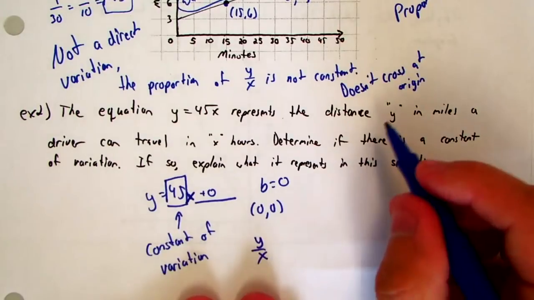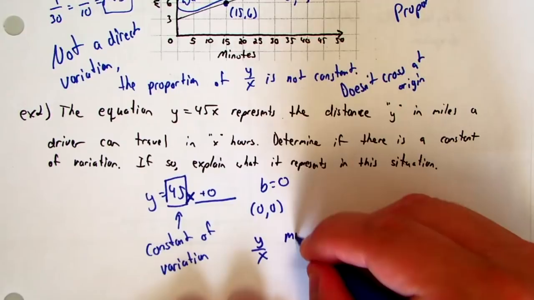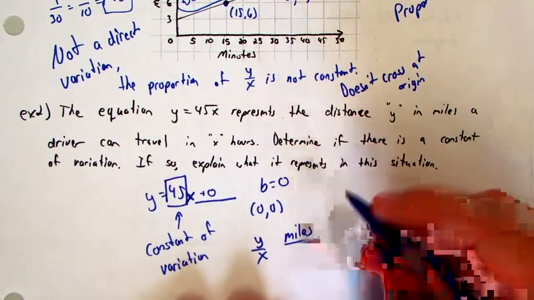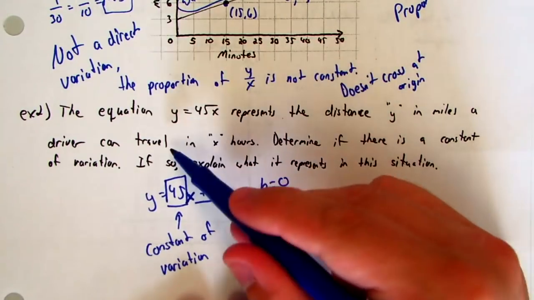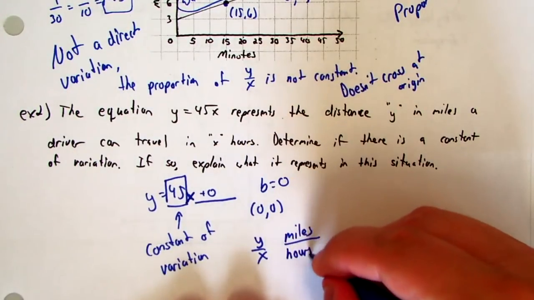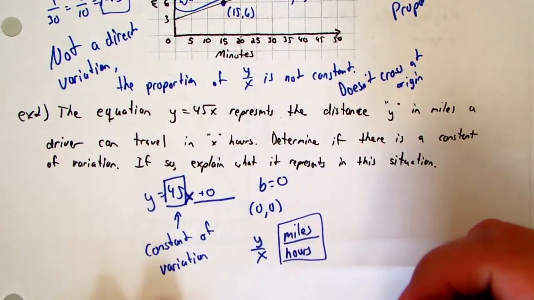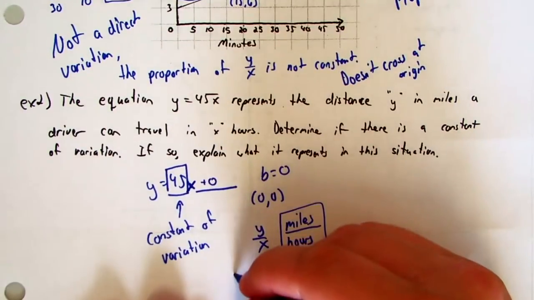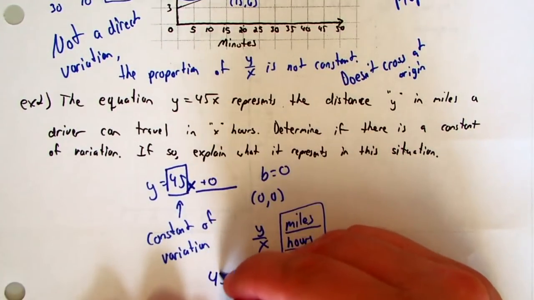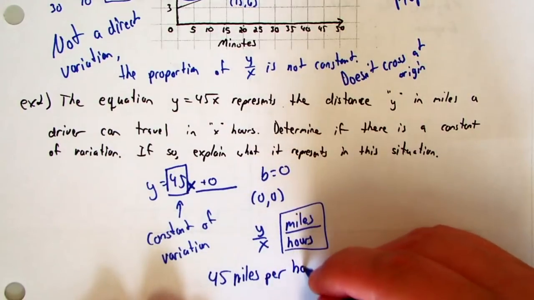So if y is talking about distance in miles, x is talking about how far they can travel in x number of hours. So our constant of variation represents miles per hour. So really, they are driving 45 miles per hour.